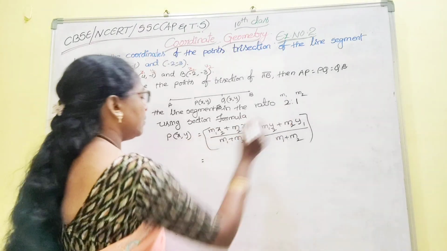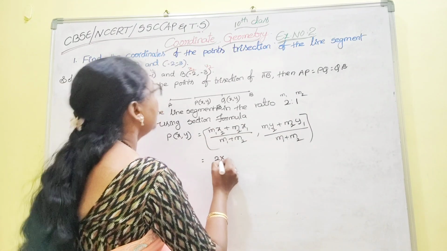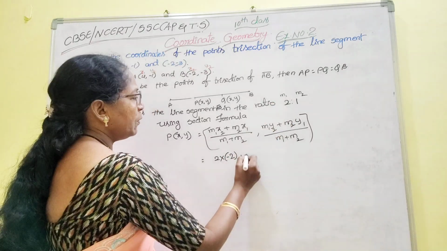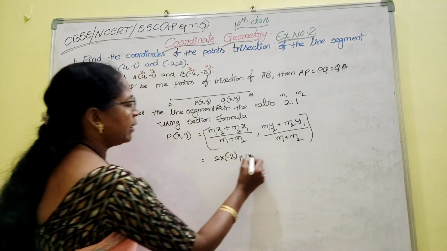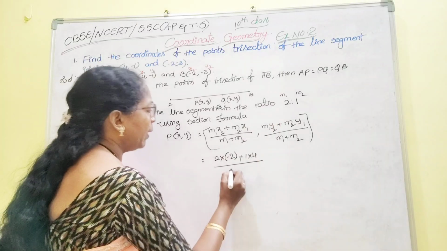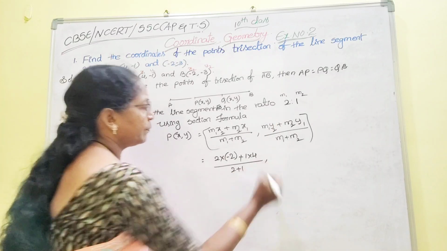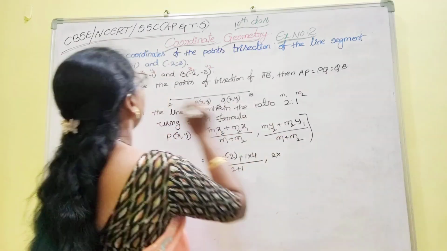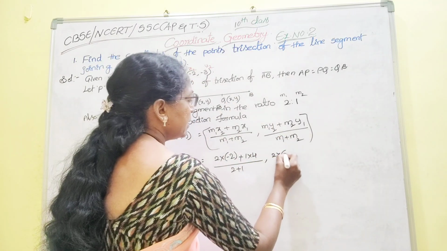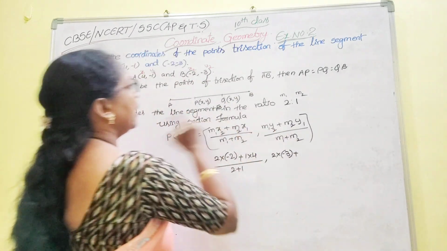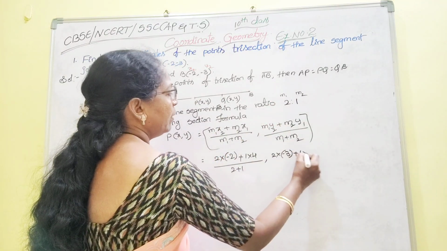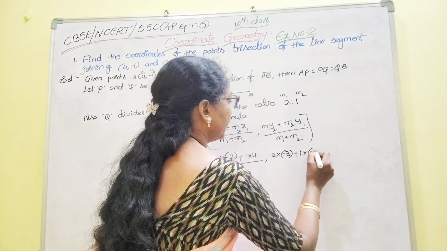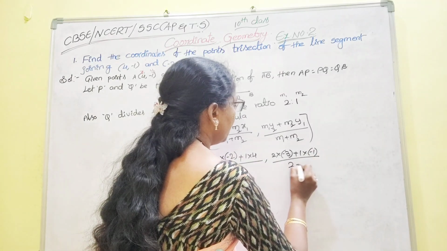Now substitute the values: M1 equals 2 into x2 equals -2, plus M2 equals 1 into x1 equals 4, divided by 2 plus 1, comma, M1 equals 2 into y2 equals -3, plus M2 equals 1 into y1 equals -1, divided by 2 plus 1.